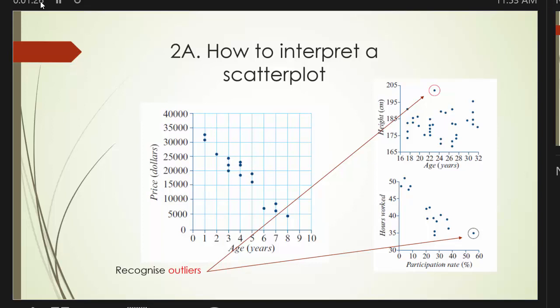What we're looking at now is stuff that is linear. We're only going to be looking at linear from now onwards. We do want to know whether it's positive or negative, and in addition to talking about strong, moderate, or weak, we're also going to be giving numbers so that we don't have any confusion.